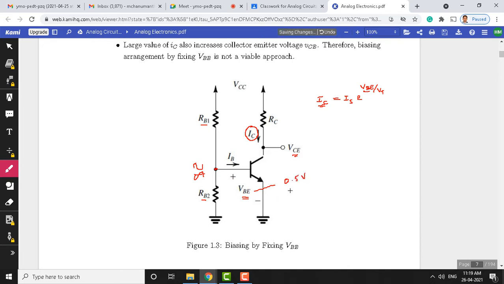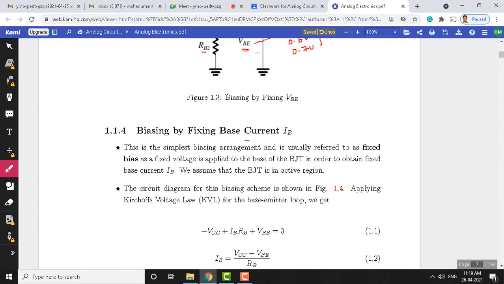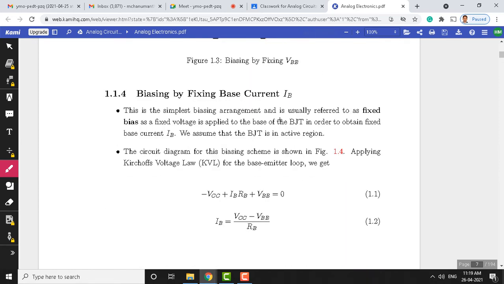In another circuit, let us assume that VB changed from 0.5 to say 0.6 volts or 0.7 volts. As you can see, there are 3 different values of VB here, and for these 3 values the collector current is going to vary in a large manner, because VB is present in the exponential of this equation. This is the serious problem. That is why this kind of circuit is not used for biasing in an amplifier.